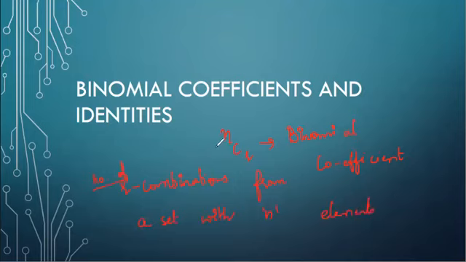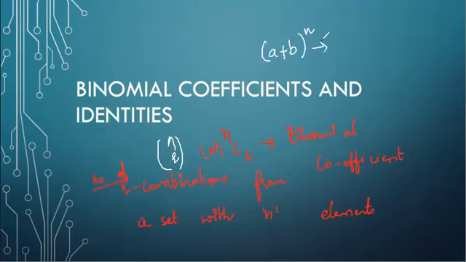Instead of nCr, we can even write it as (n r). This number is called the binomial coefficient because these numbers occur as coefficients in the expansion of powers of a binomial expression such as (a plus b) whole power n.